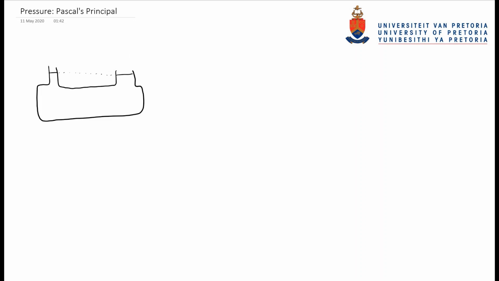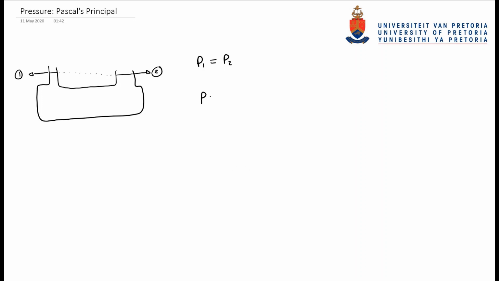So let's now talk about the pressure at these two points, and let's call them point 1 and point 2. So P1 must be equal to P2. Why? Same fluid, same height, so the pressure of both sides are 0 gauge or atmospheric pressure absolute.